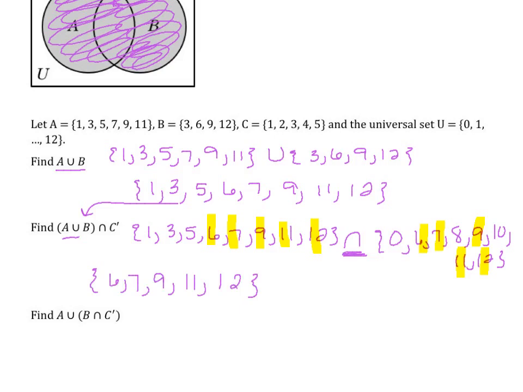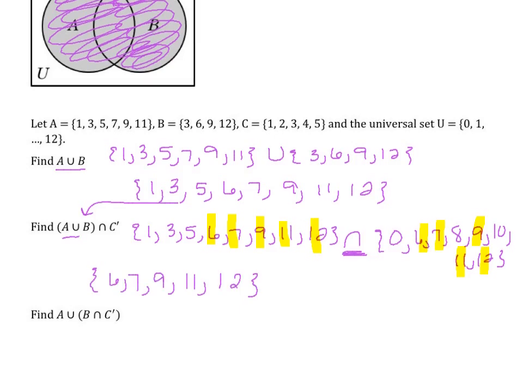Okay, the last one here. Find A union B intersect not in C. Let's first tackle this part here, and then we'll union it with A. We have items in B, which are 3, 6, 9, and 12.